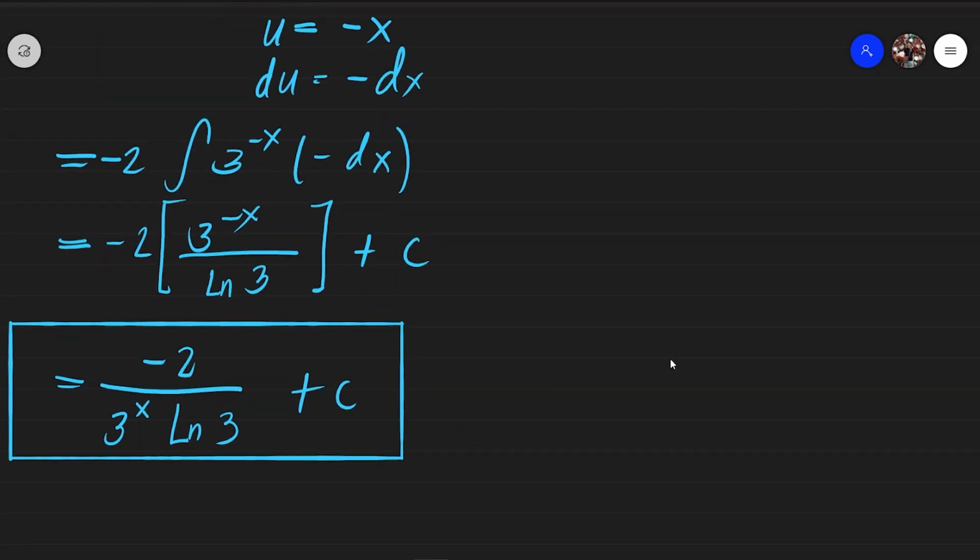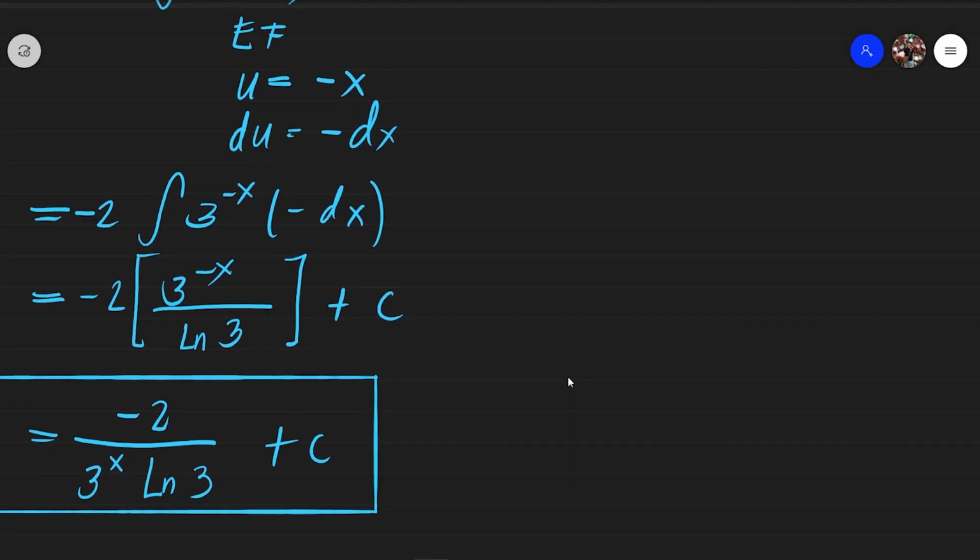Of course, we have to check. Let us check first. If we check, we just need to differentiate our answer, and that is -2 all over 3 raised to x ln 3 plus c.